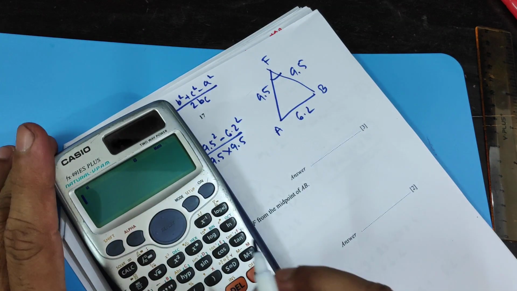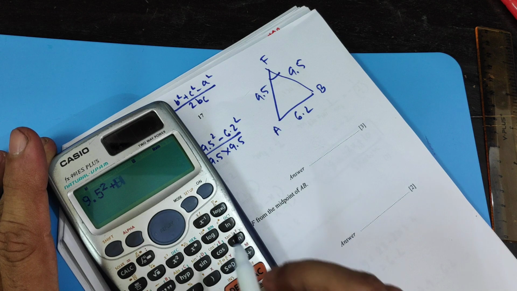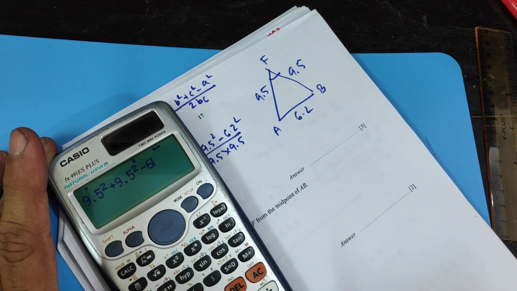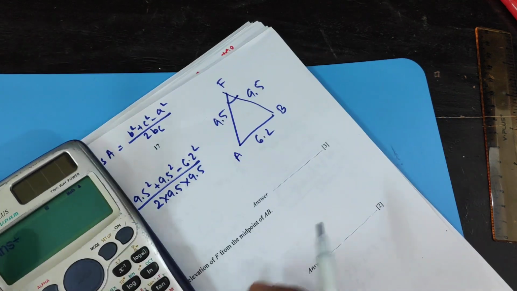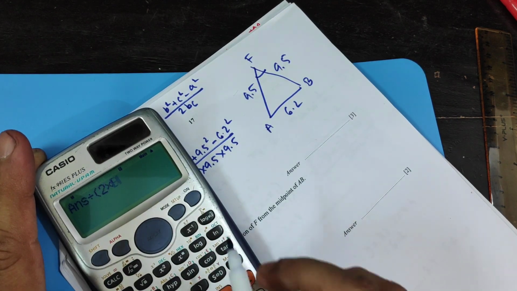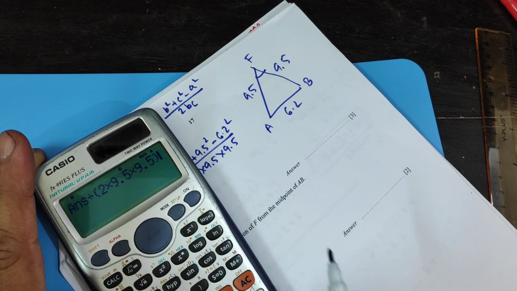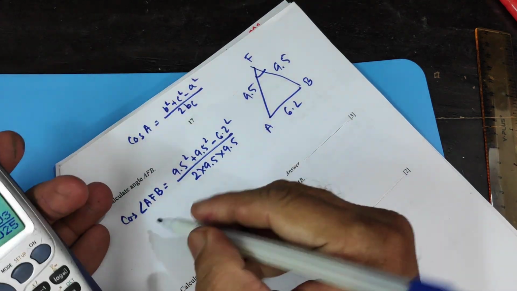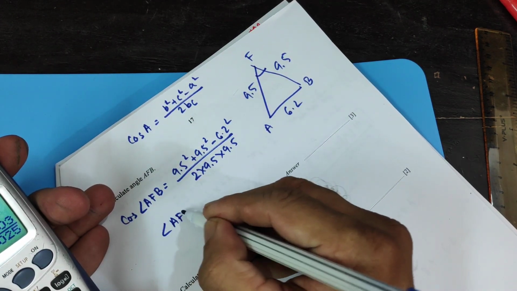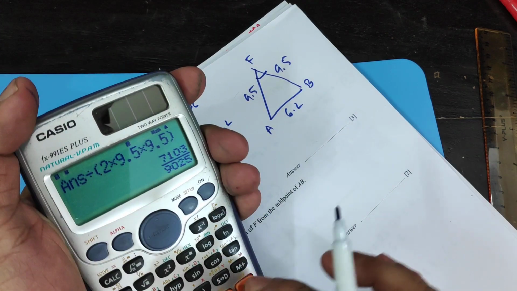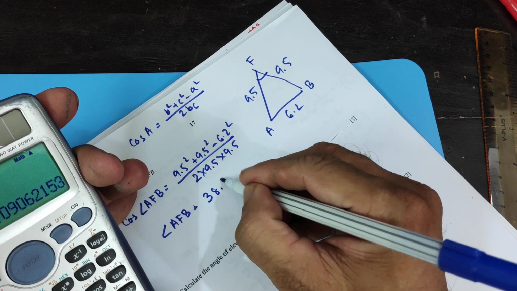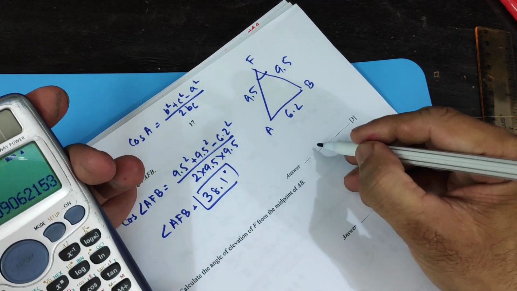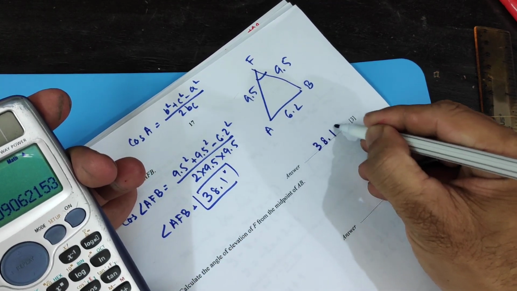Angle AFB equals cos inverse of this, and I got 38.1 degrees.